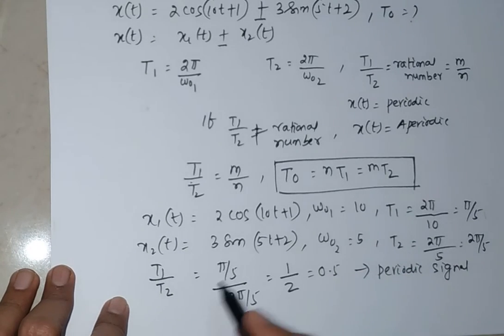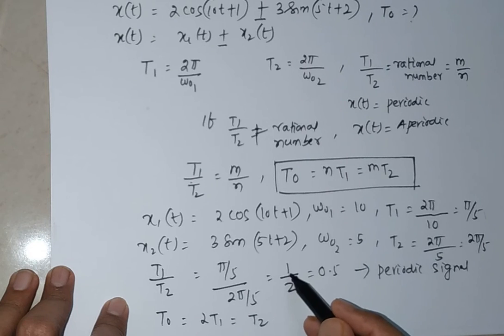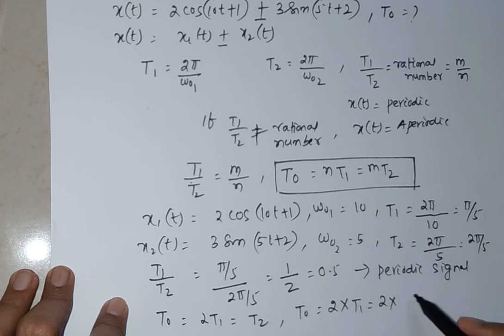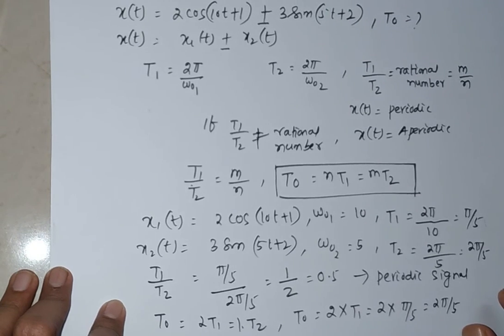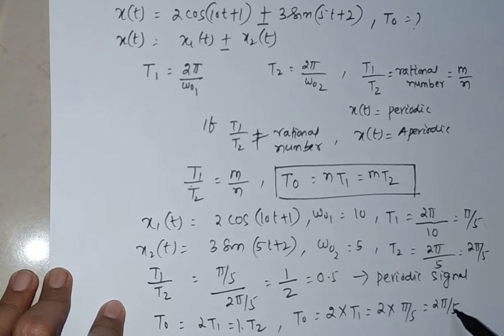Then the fundamental period t0 equals 2 multiplied by t1, or equals 1 multiplied by t2. Both are correct. 2 multiplied by t1 means 2 times pi by 5 equals 2 pi by 5, or if you take t2, 1 multiplied by t2 is also 2 pi by 5. Both are the same. So the conclusion is it is a periodic signal with fundamental period 2 pi by 5.